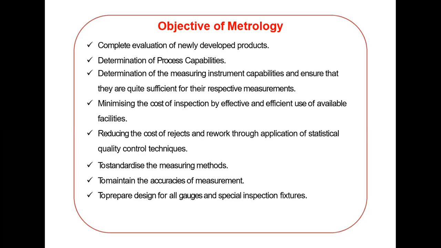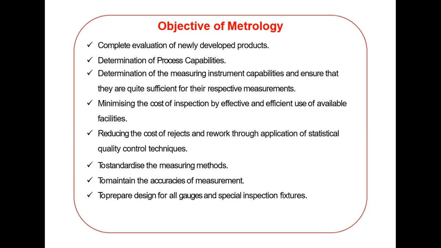For example, we are taking a vernier caliper or a micrometer. So let us take an inside micrometer or an outside micrometer. The working or measuring capability of the outside micrometer is up to 30 only. If you have to measure above 30, it will not be useful for taking a measurement.